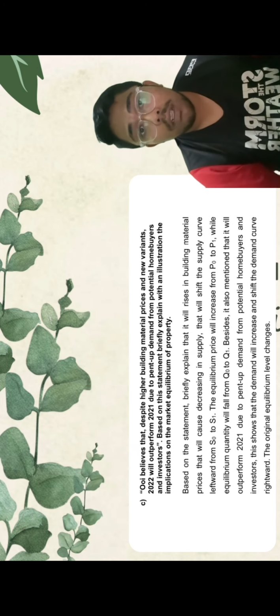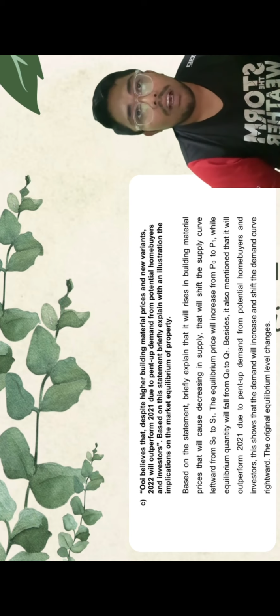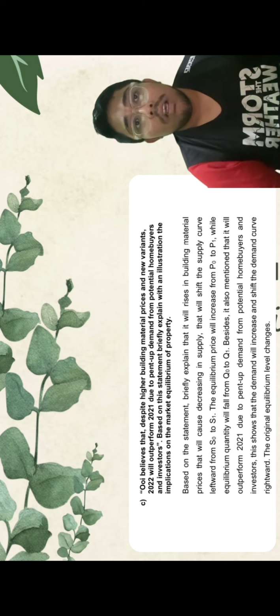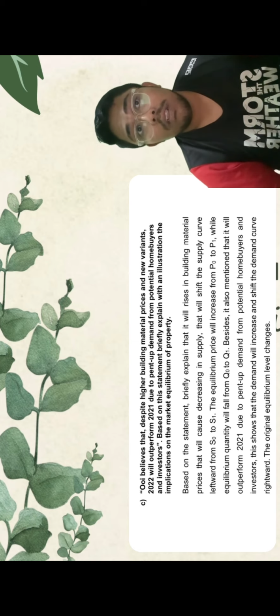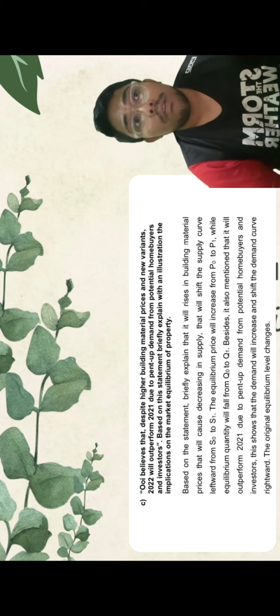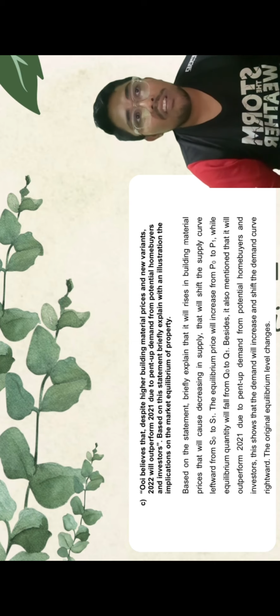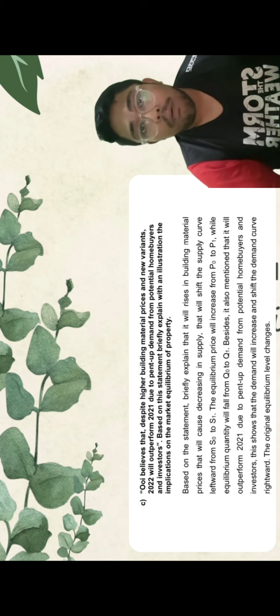We go to question C. I believe that despite higher building material price and a new variant, 2022 will outperform 2021 due to pent-up demand from potential home buyers and investors. Based on this statement, briefly explain with an illustration the implication on the market equilibrium of property.